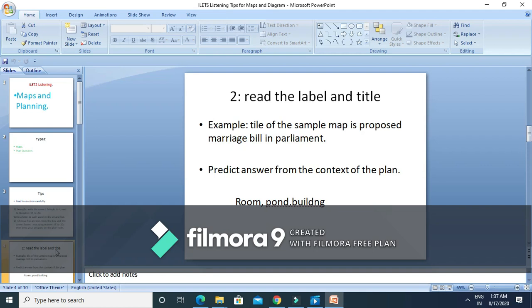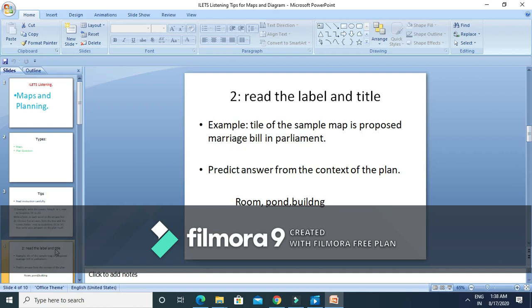Once you familiarize yourself with the title, you'll see the types of vocabulary that can come. Why am I telling you to read the label and title and get familiarized with it? Because that way you can predict the answer by seeing the context of the plan.